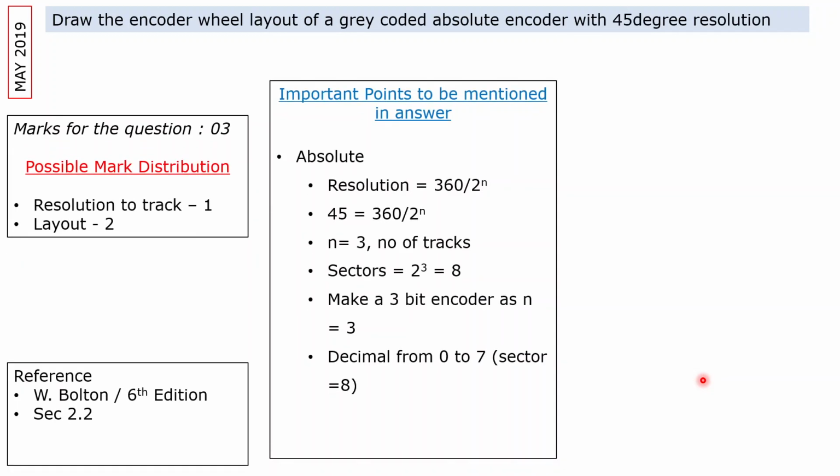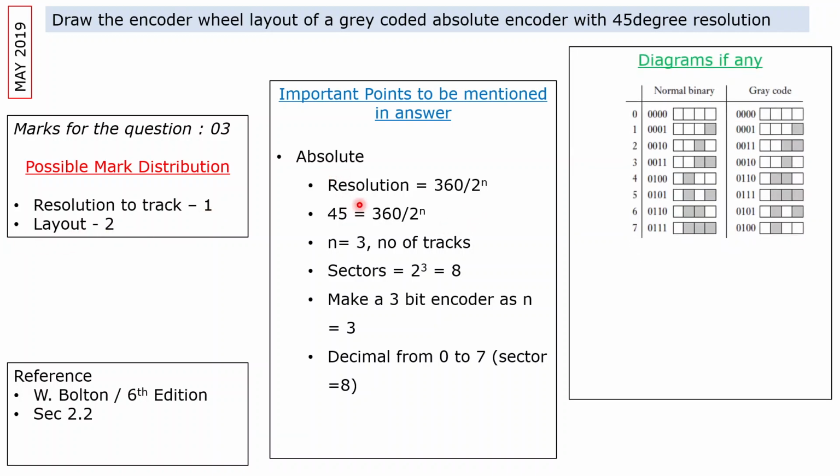Next question: draw the encoder wheel layout of a gray coded absolute encoder with 45 degree resolution. This question carries 3 marks. The resolution of the track is 1 mark, and the layout is 2 marks. The resolution is 360 degrees divided by 2 raised to n. The resolution is 45 degrees, which equals 360 degrees divided by 2 raised to n, so you will get n equal to 3.